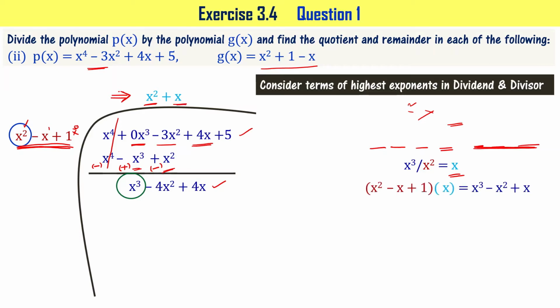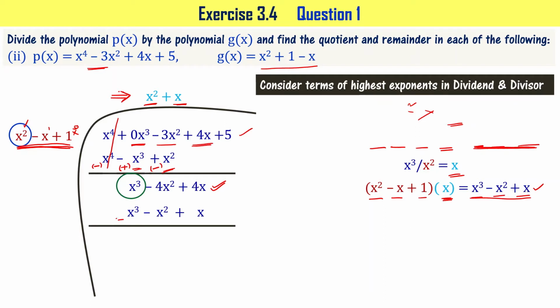When you do that, x square times x is x cube, minus x times x is minus x square, and plus 1 times x is plus x, right? Now let's subtract this particular expression from this one. When you subtract, what are you going to do? We are going to change signs.